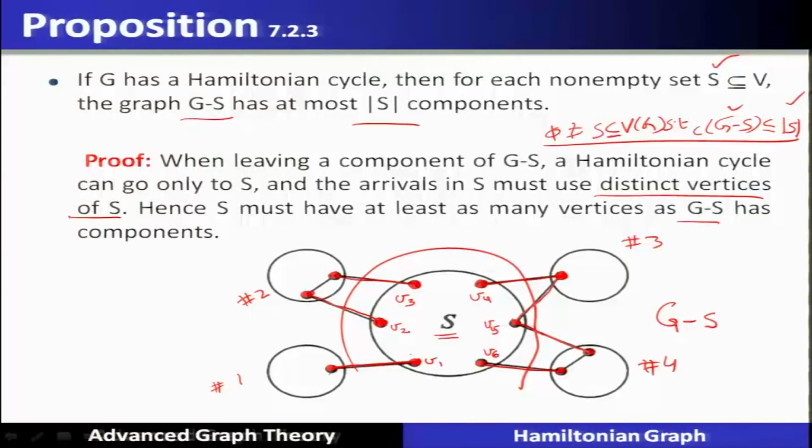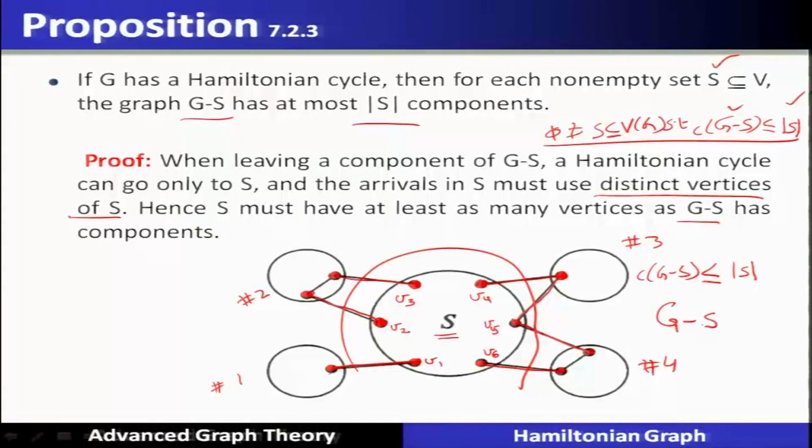So, every component, after leaving G minus S, will arrive on a distinct vertex. So at least that many vertices should be there in S, hence this particular condition. So, the number of components of G minus S should be at most the cardinality of S.